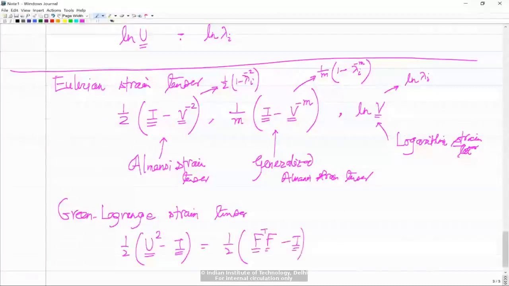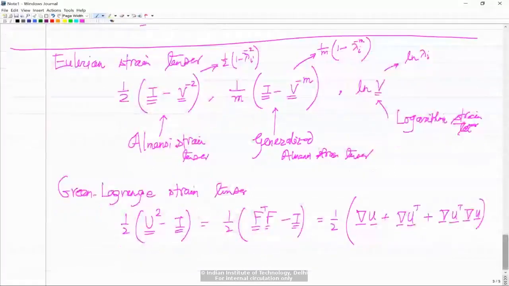And then for F, you substitute I plus grad u, and you simply get half of grad u plus grad u transpose plus grad u transpose into grad u. Okay, so that's the Green-Lagrange strain tensor.